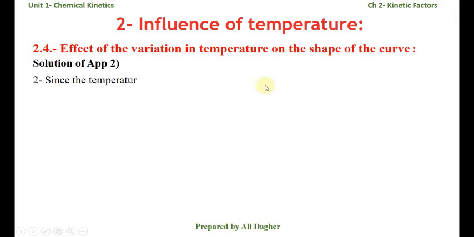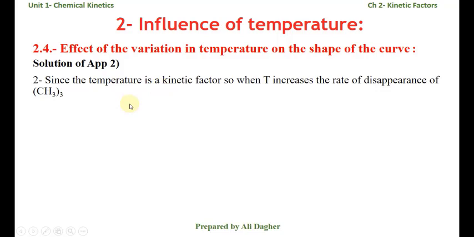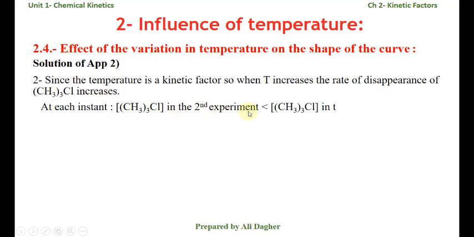2. Since the temperature is a kinetic factor, when T increases, the rate of disappearance of CH3 Cl increases. Then at each instant, concentration of CH3 Cl in experiment 2 is less than that in experiment 1, because the rate increases. Then concentration disappeared increases, concentration left decreases.